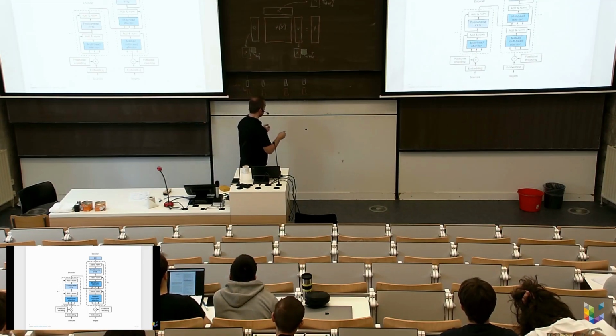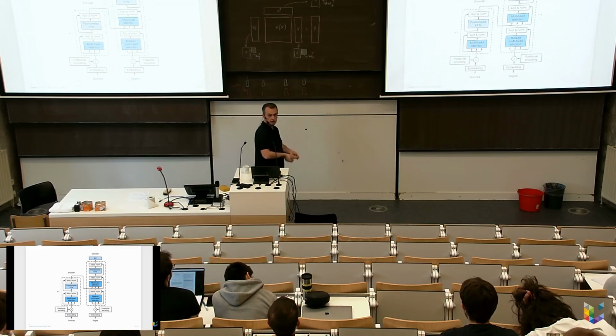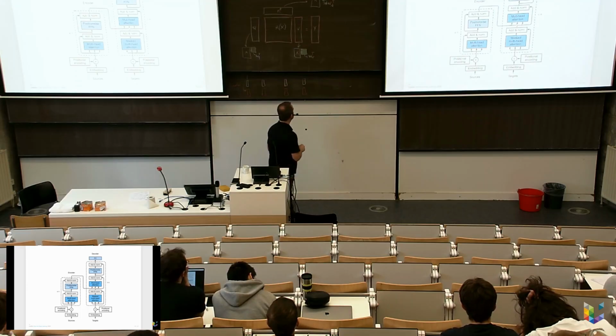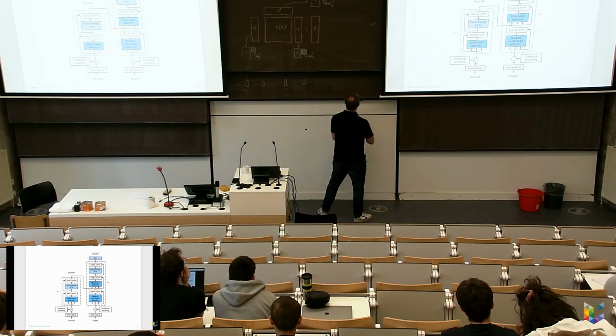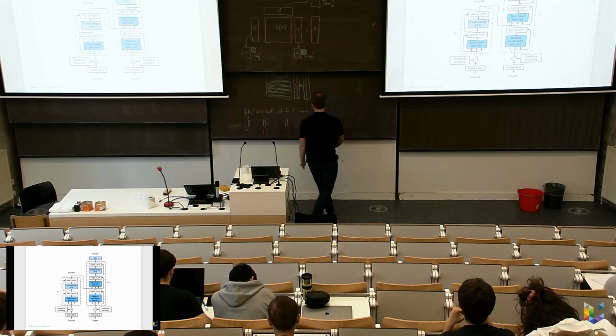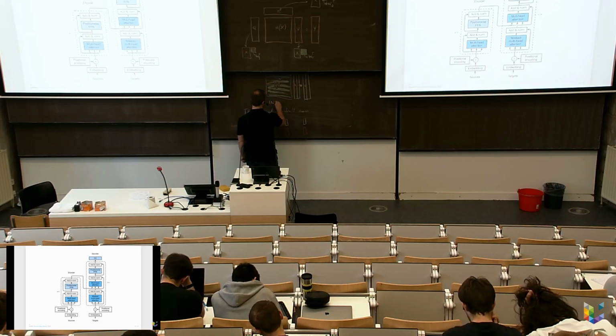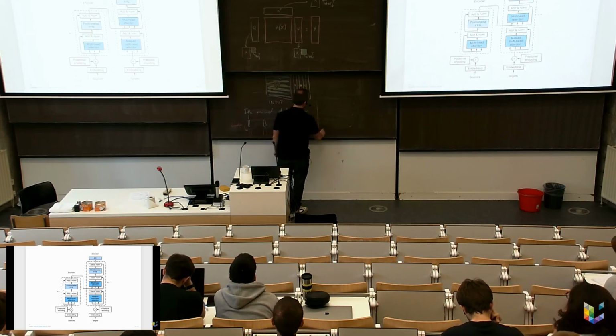Now that we have this set of tokens, we'll generate tokens for the output one by one. So this is for the input, and now the output.